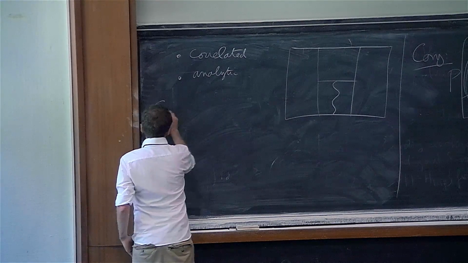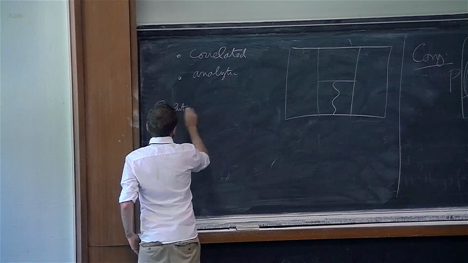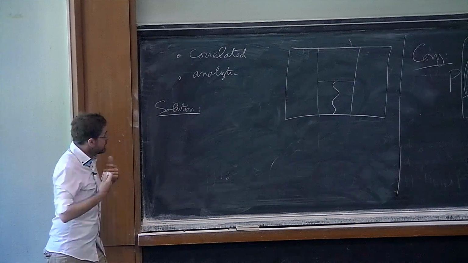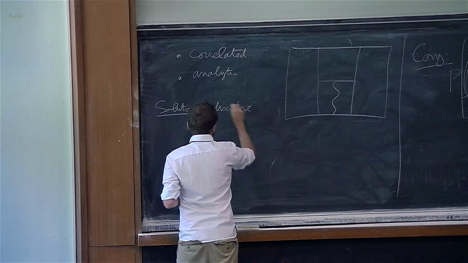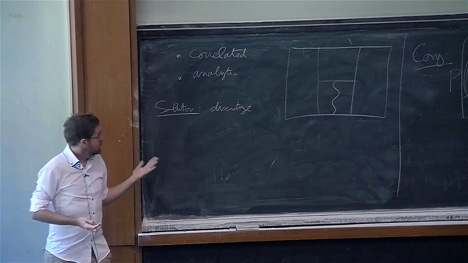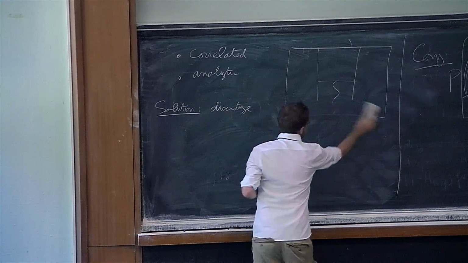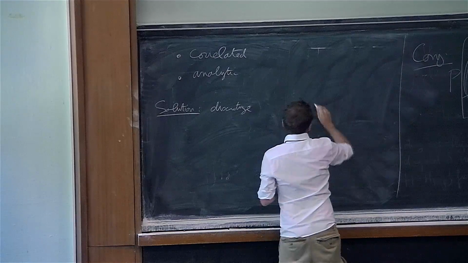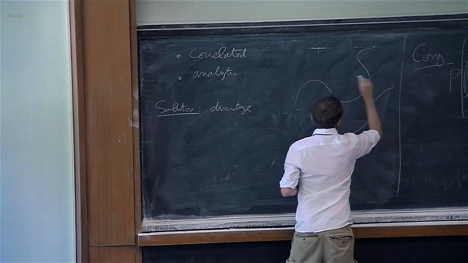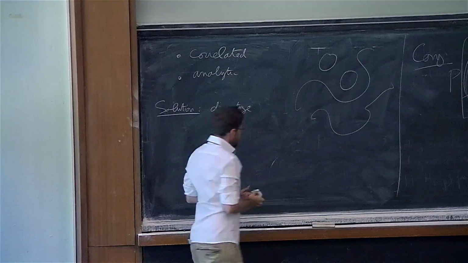So the solution that we use is that we discretize the field on a lattice. We have this function on the plane. It has some complicated picture of level lines.